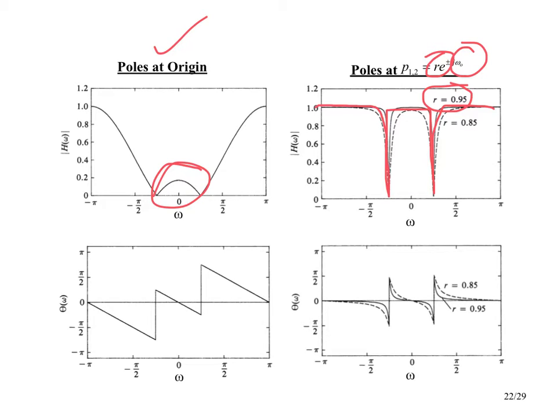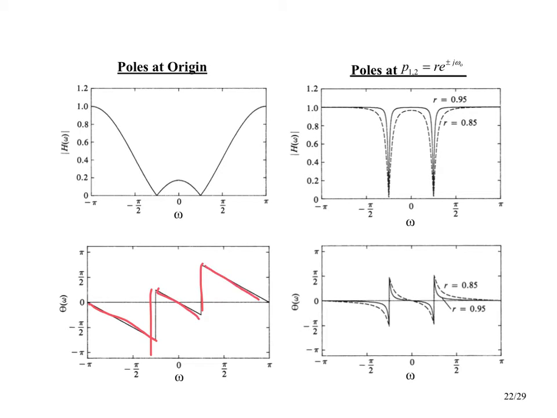Of course, we don't have the linear phase that we have for the FIR version of it, or the non-recursive version. And I guess I should comment here, just in passing: notice the discontinuities in this phase, but other than those discontinuities, it's still just a bunch of lines of the same slope.